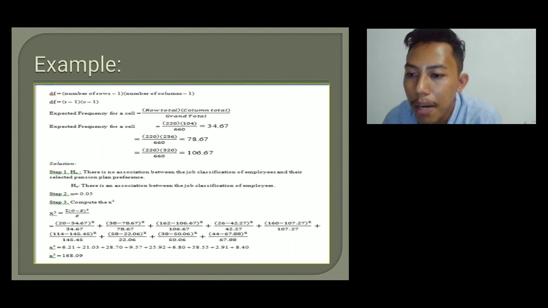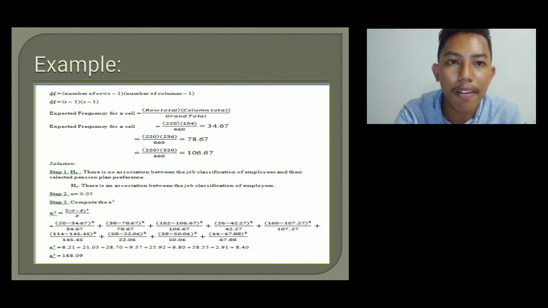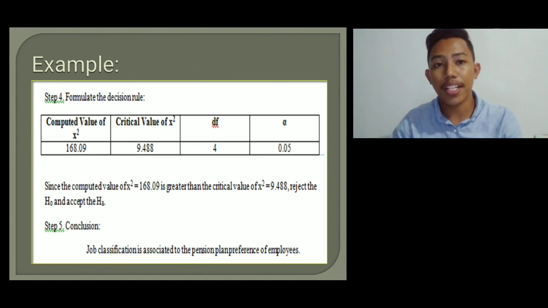X squared will now become 6.21 plus 21.03 plus 28.70 plus 9.57 plus 25.92 plus 6.80 plus 58.55 plus 2.91 plus 8.40. Our x squared is equal to 168.09. Our computed value of x squared is equal to 168.09. Our critical value of x squared is equal to 9.488.